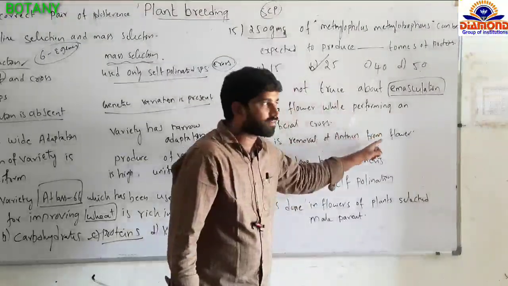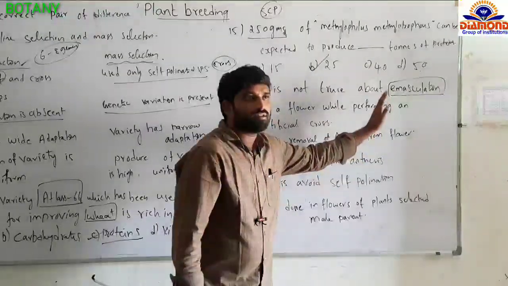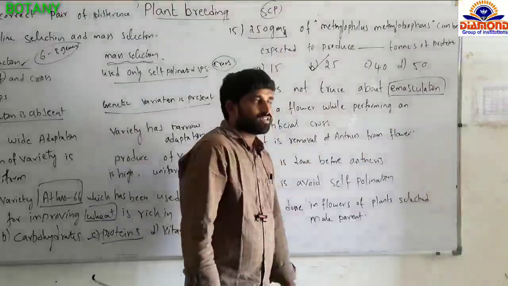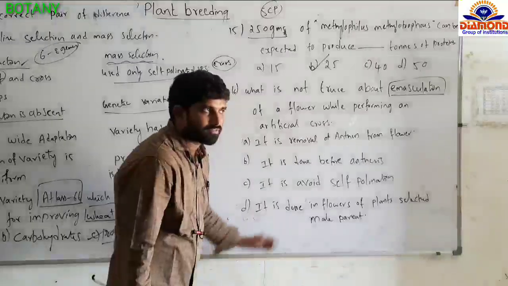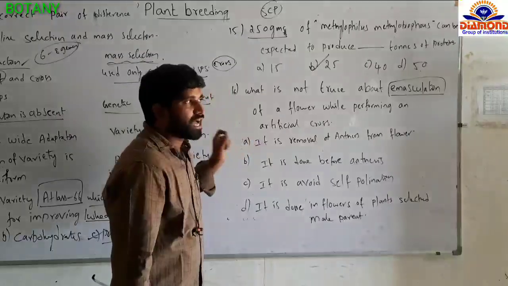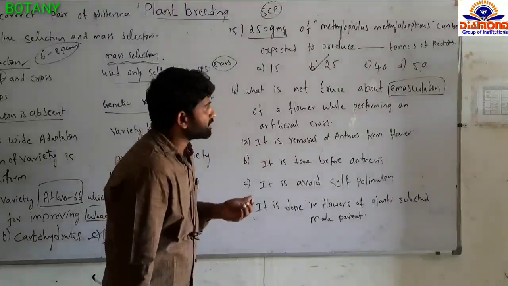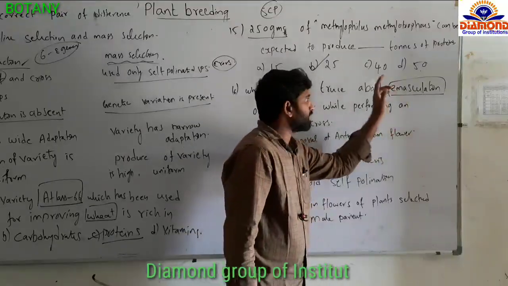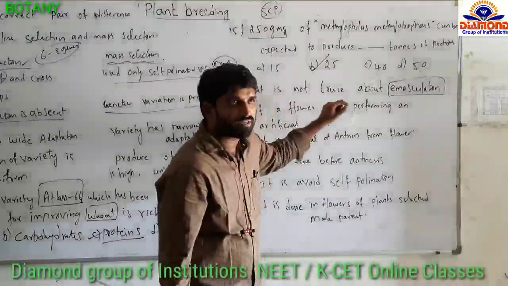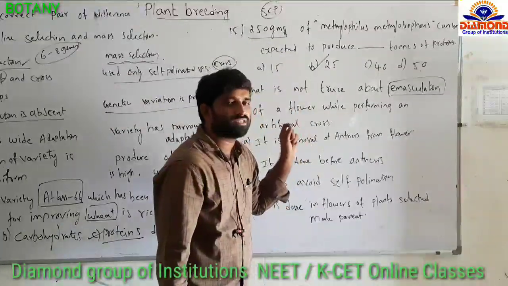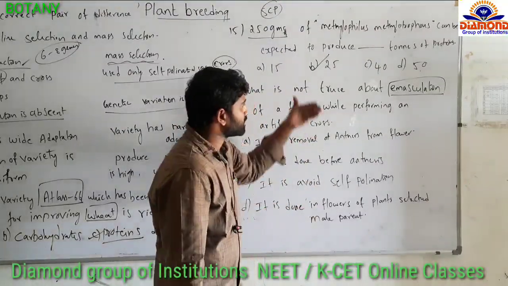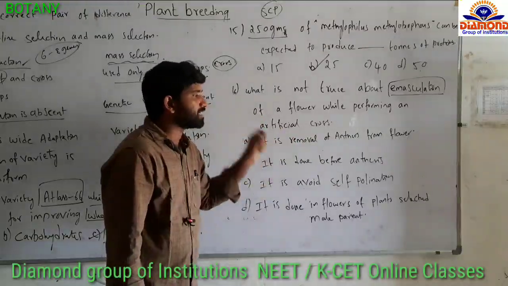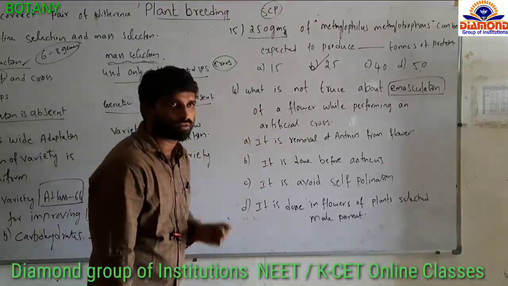The female produces bisexual flowers, and we have to remove the anthers from them. If the anthers are not removed, self-pollination can occur. Here in plant breeding we produce a new variety using cross-pollination. If emasculation is not done, self-pollination takes place. Emasculation is done in the bisexual female flower only.